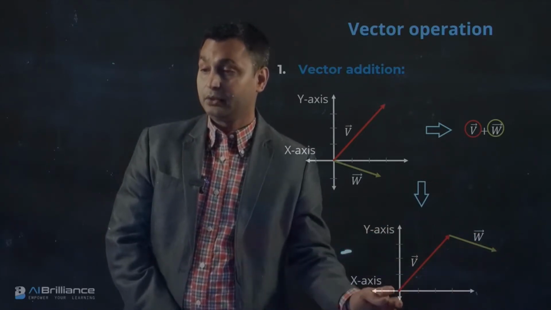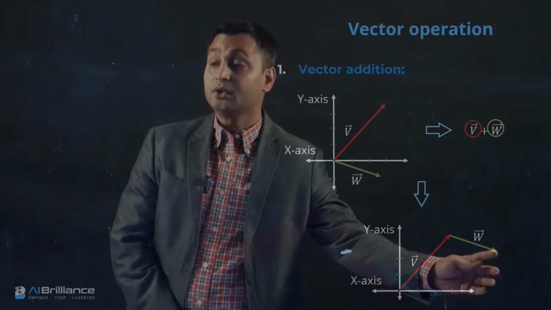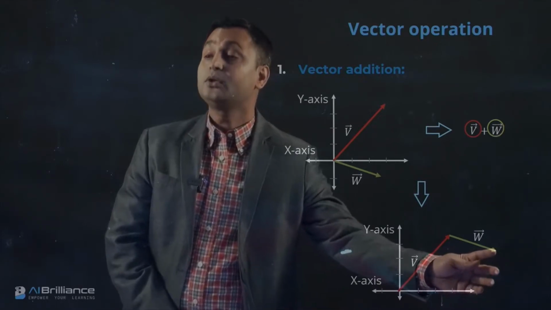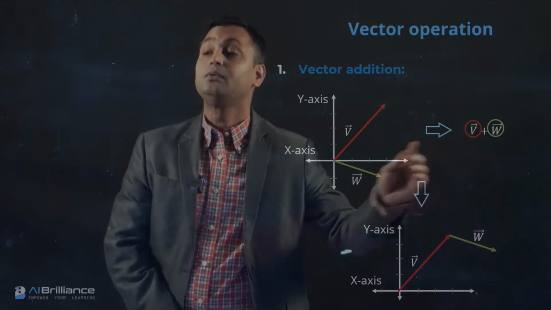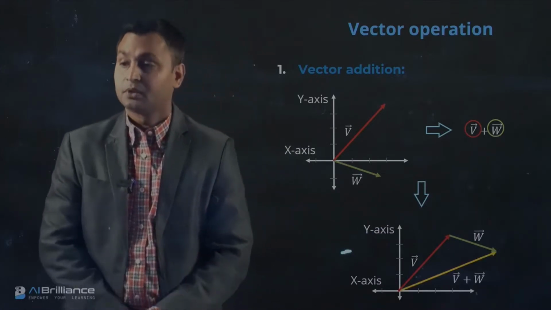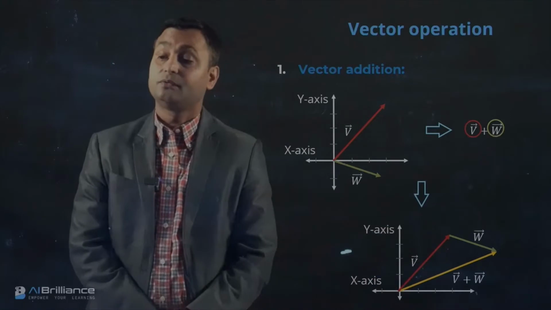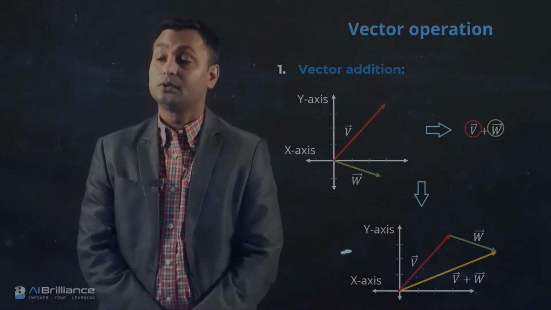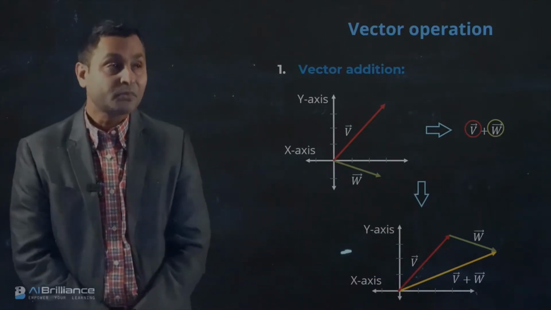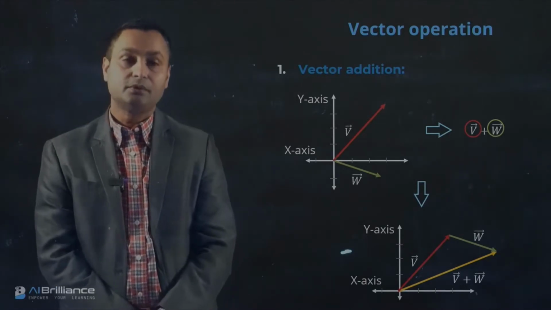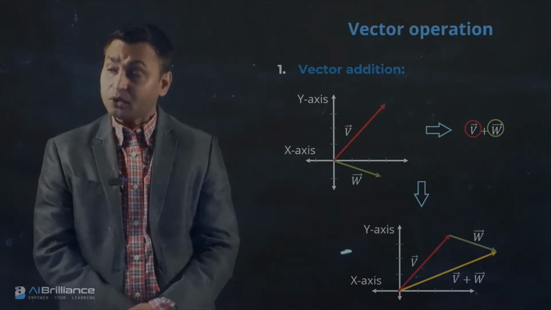Now, taking the origin and connecting it to this new tip gives the resultant sum, v plus w. So this yellow vector described in this slide, v plus w, is the resultant, and this is simple vector addition in a two-dimensional geometric sense.